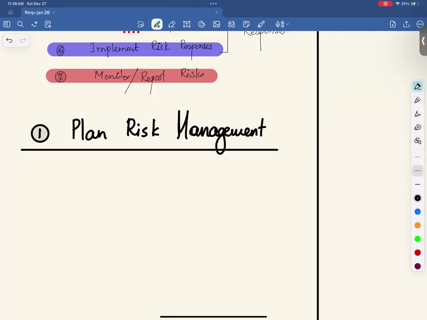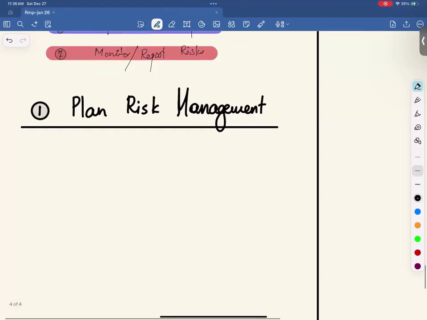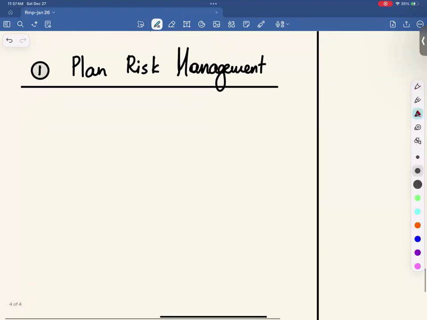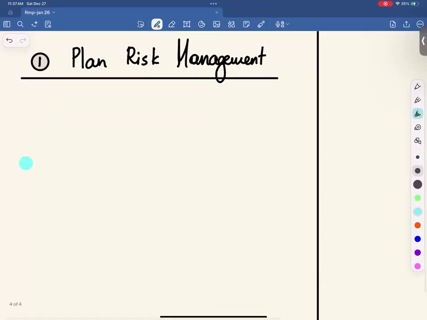Let me talk about project lifecycle here for you. So please pay attention. This is helpful for everybody, regardless if you have any certification by PMI or not. So we have project management lifecycle. We divide it in 5 sections. First is initiation, right?